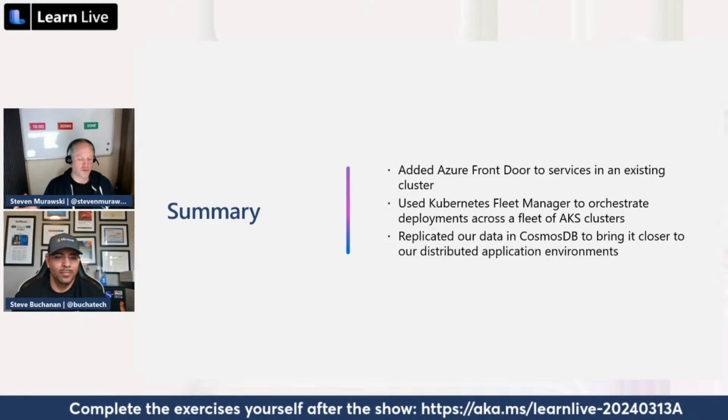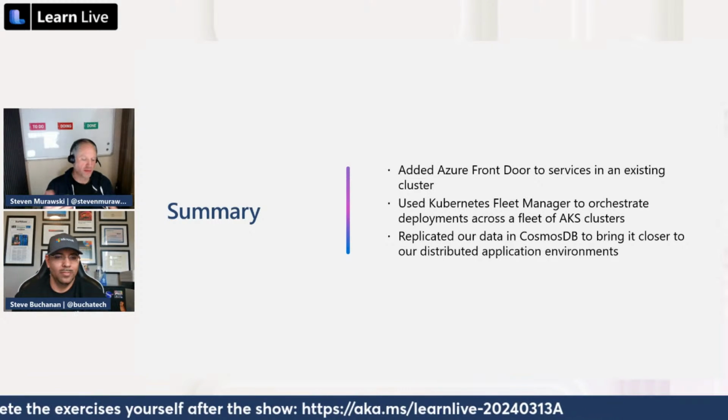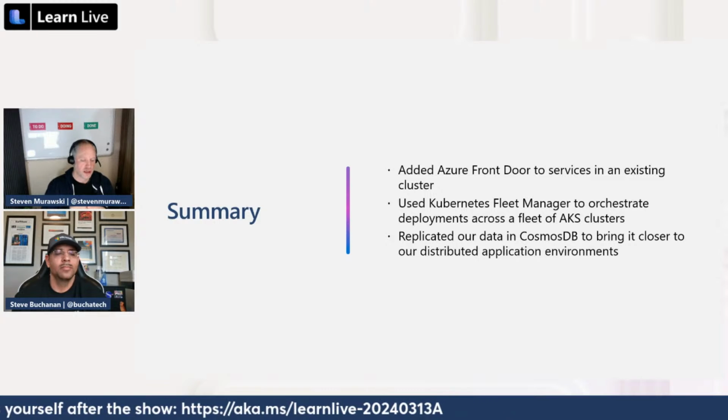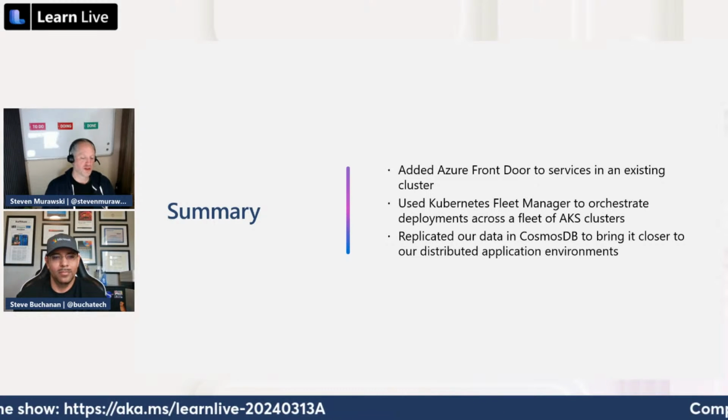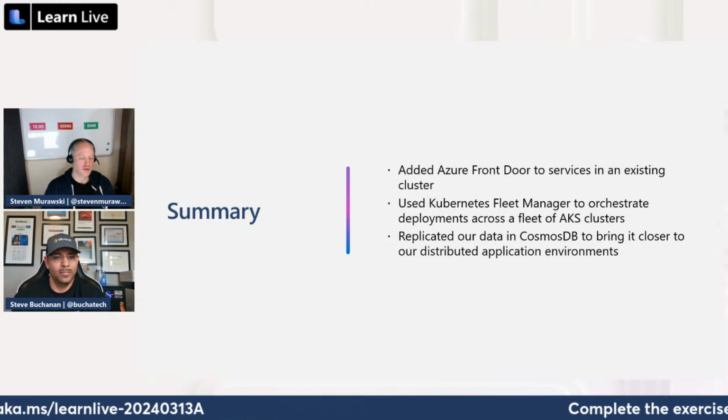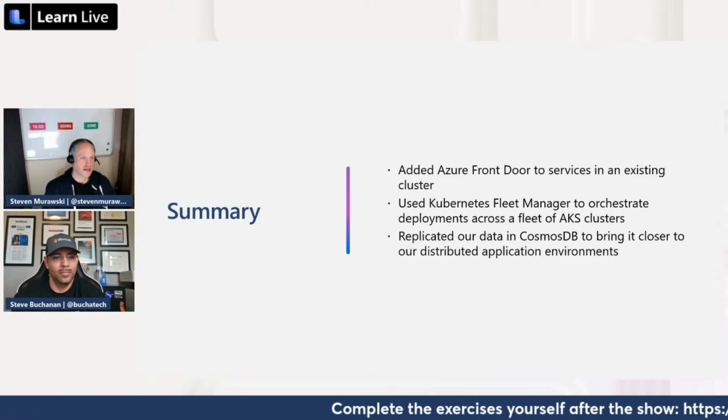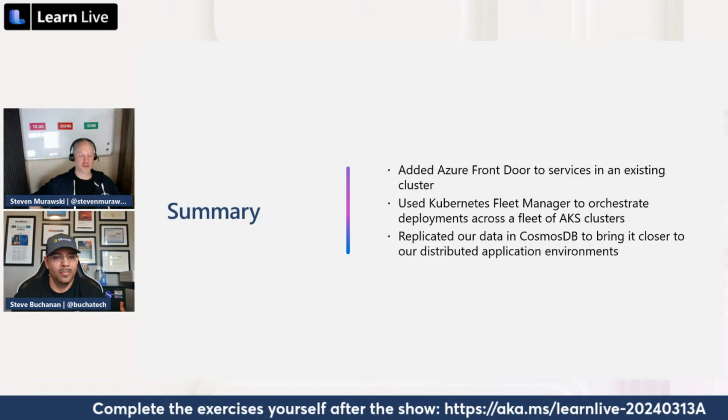We spent a little bit of time at the front talking about some of these services, but then we used Azure Front Door to layer in front of an existing cluster and showed how we can add other clusters into that.